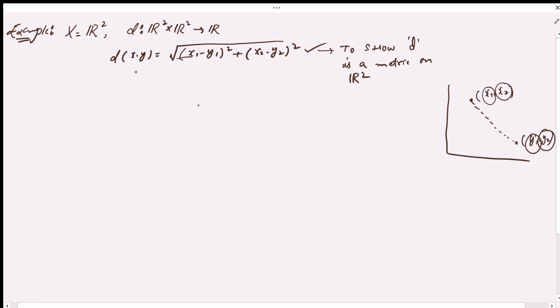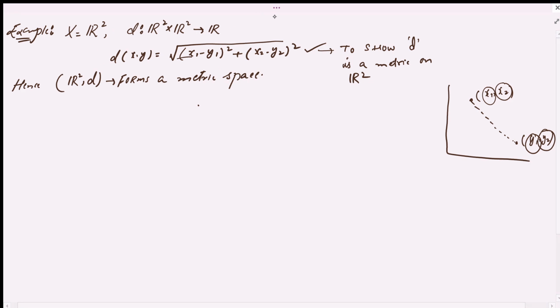We know that in order to show any function is a metric, it must satisfy four conditions, and after that we can say that it is a metric. And then, if it is a metric, we can say that (R square, d) forms a metric space.